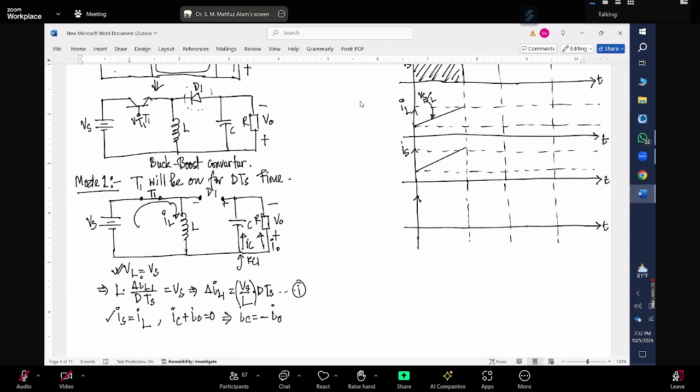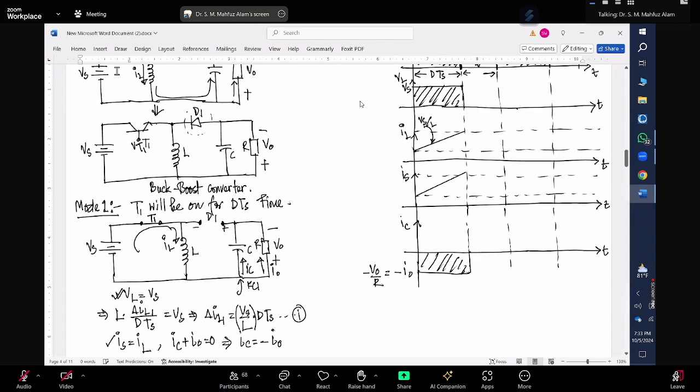If this is my IC, I naught is constant, that is my V naught over R. So for IC, we will get a constant current, and that should be minus I naught, which is minus V naught over R. Is there any question regarding this waveform?